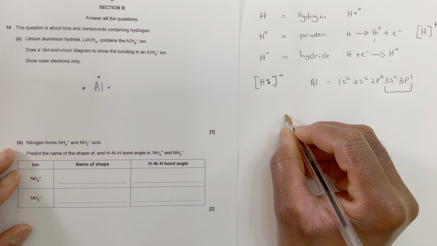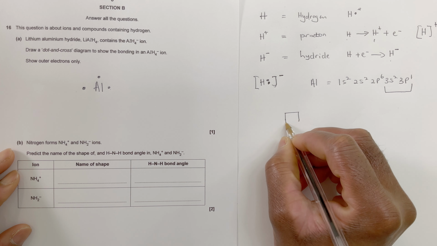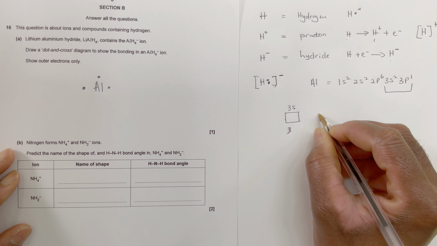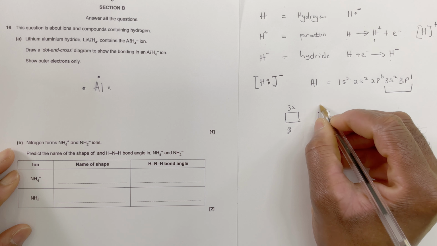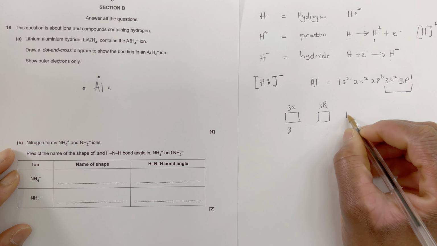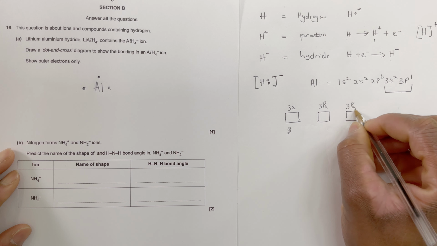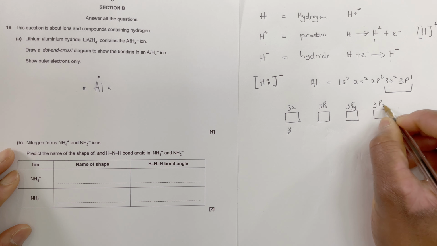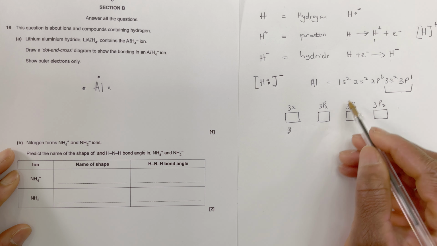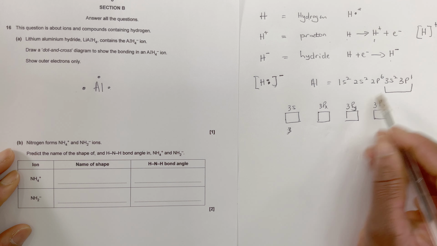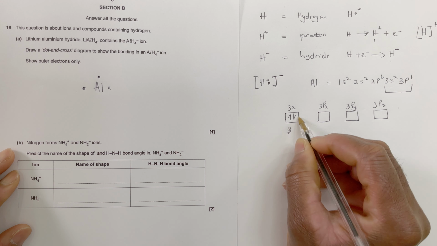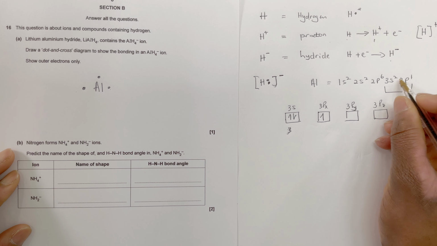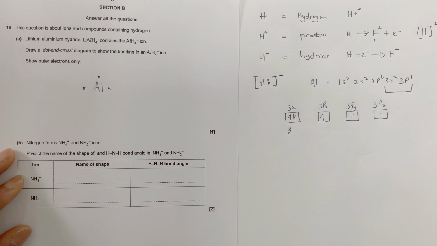If you draw the outer shell, that's the 3s orbital, then 3px, 3py, and 3pz. You can see there are 2 electrons in the 3s. The maximum in an orbital is 2, and there's 1 electron in 3p. These 2 are vacant.